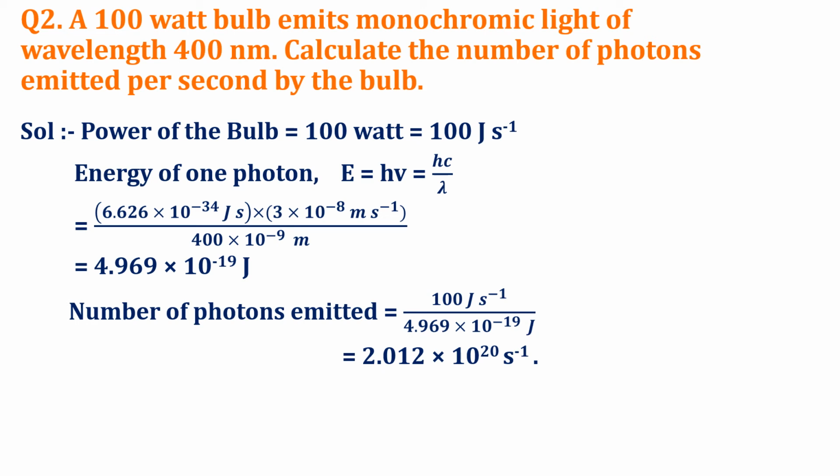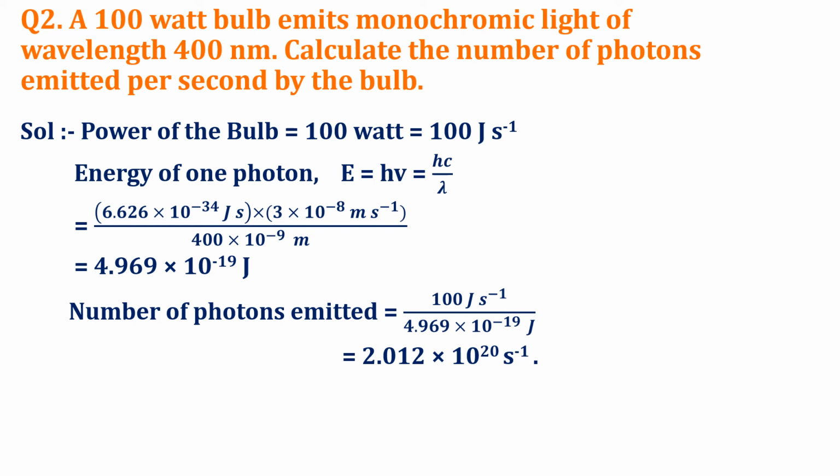We can write 100 watt as 100 joule per second, because power equals energy by time. Then the energy of one photon, E, equals h nu, and nu is c upon lambda, velocity of light divided by wavelength. So E equals hc divided by lambda.